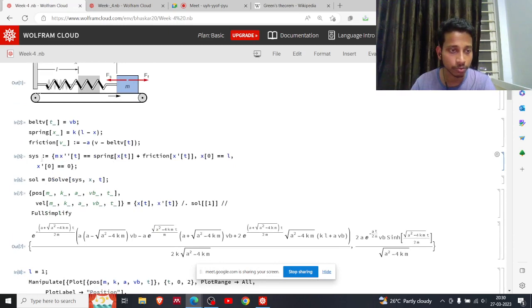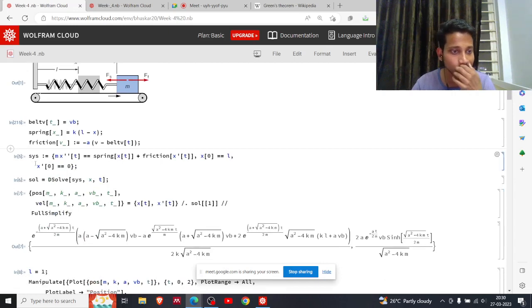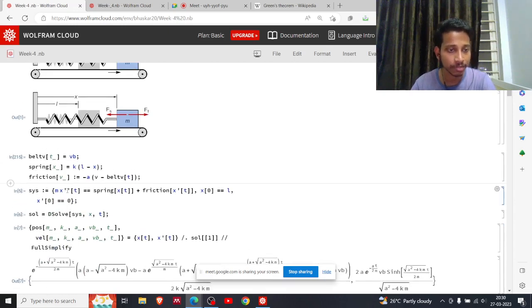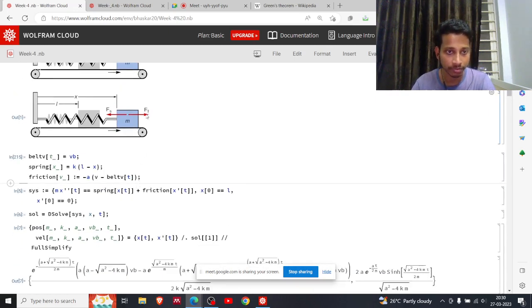so now the equation of motion is m x double dot t equal to the spring force Fs, which is working in the left direction, and then the friction Ff, that is working in the opposite direction.